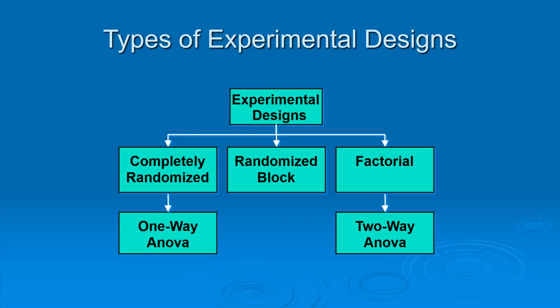This diagram is based on the number of explanatory variables and the nature of the relationship between x and y. We will discuss ANOVA in these three types of experimental design: completely randomized, randomized block, and factorial designs.